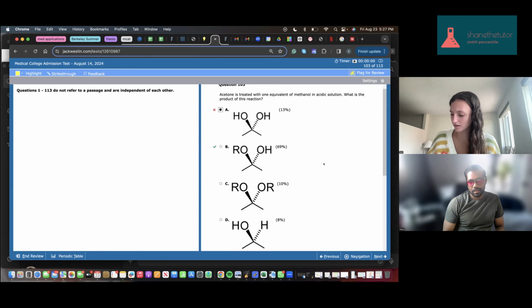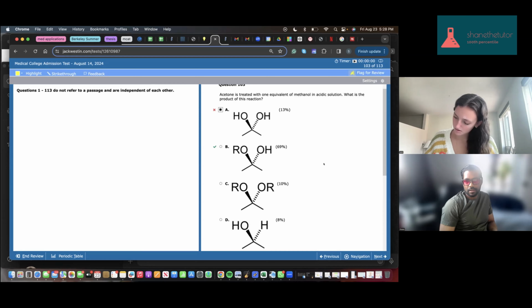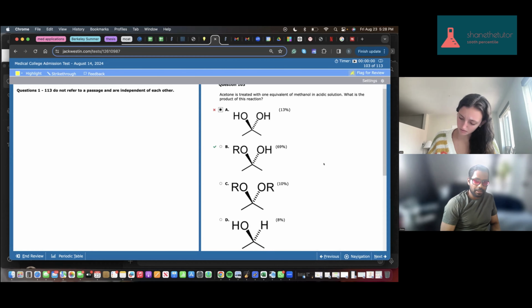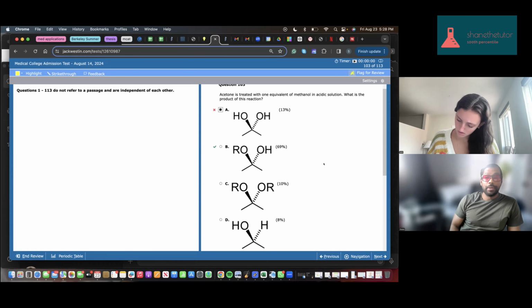What does methanol look like? So look at the suffix. That should indicate to you a functional group. The OL suffix is for alcohols, which have hydroxyl groups and only hydroxyl groups.